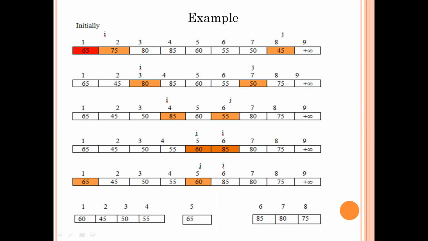That means after sorting also, your 65 will be placed at index 5 only. So you can just leave this element and divide the list into 2 sublists, the left sublist and the right sublist.